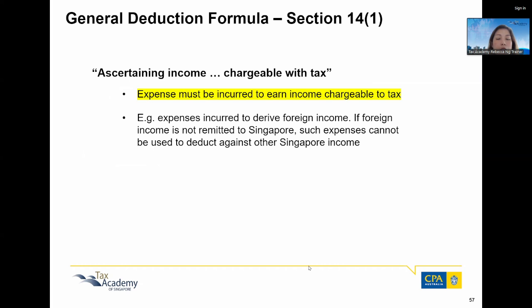So, expenses incurred to derive foreign income: if the foreign income is not remitted into Singapore, such expenses cannot be used to deduct against other income. Again, we must match the expenses to the income. If it is not remitted, it is not subject to tax, and then the expenses incurred for this foreign income will not be allowable for deduction.